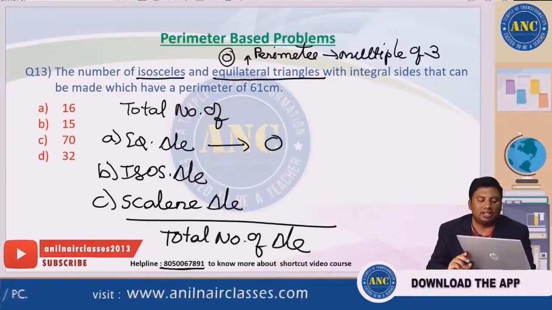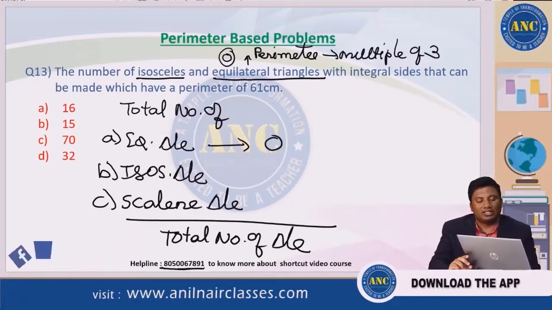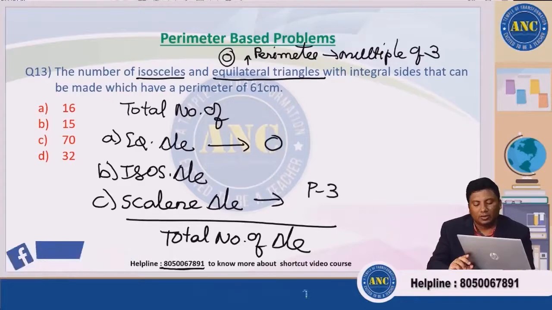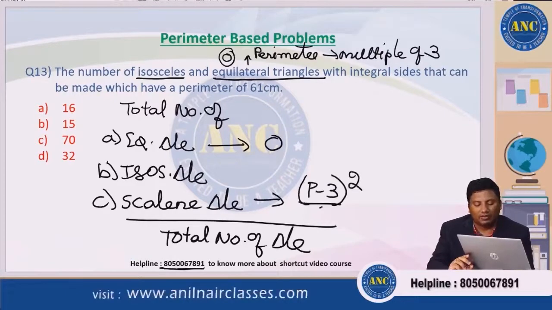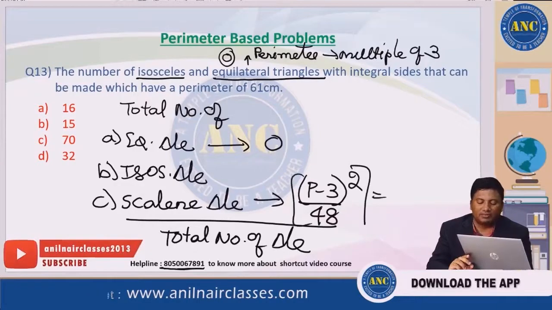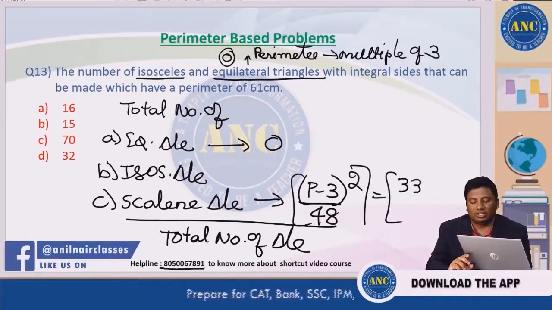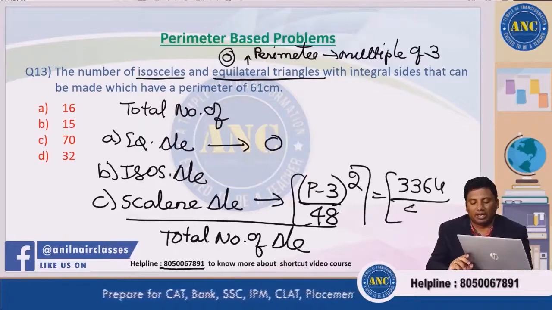Equilateral triangles, it is 0. Scalene triangle, if the perimeter is odd, is (P minus 3) whole square divided by 48. 61 minus 3 is 58. 58 square is 3364 divided by 48.